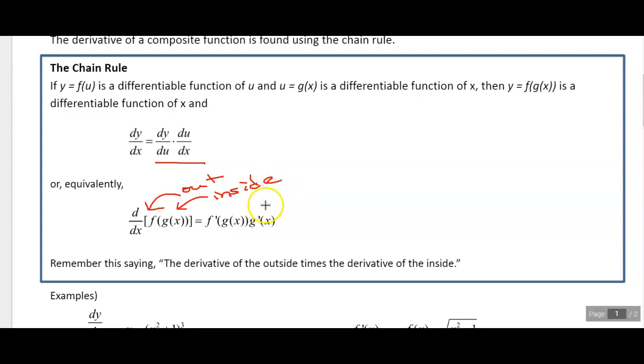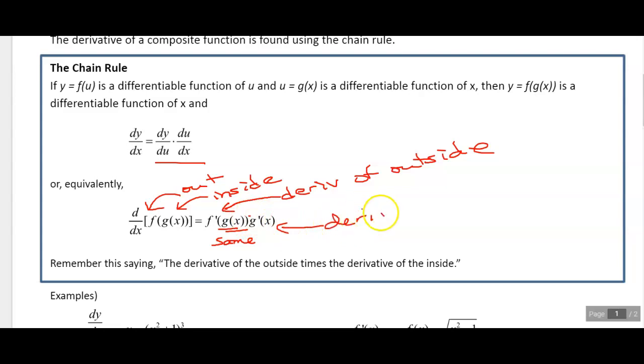When you go to do the derivative, you take the derivative of the outside function first. That's how you start. The inside stays the same. Then you multiply it by the derivative of the inside.